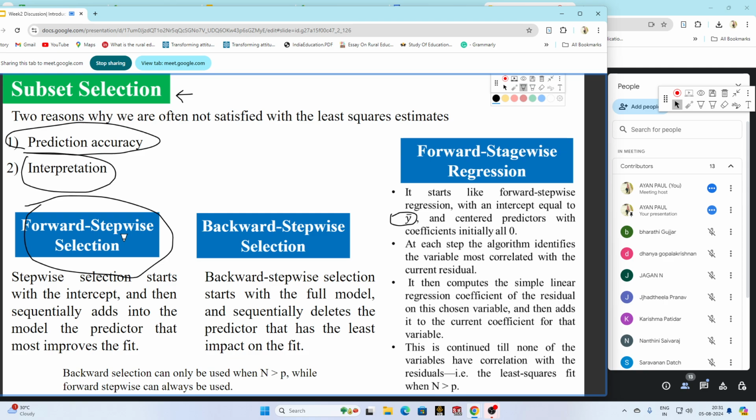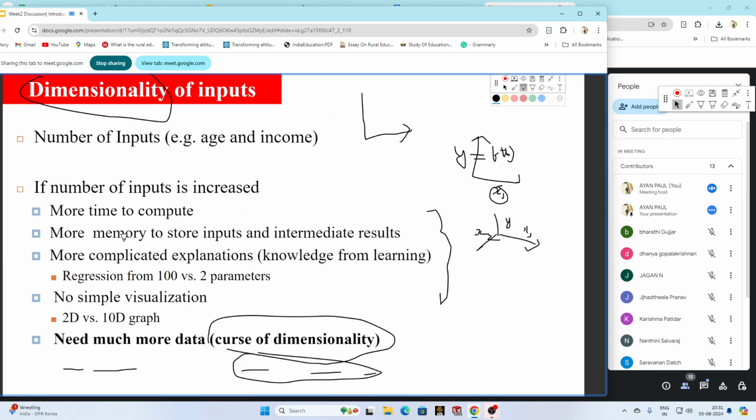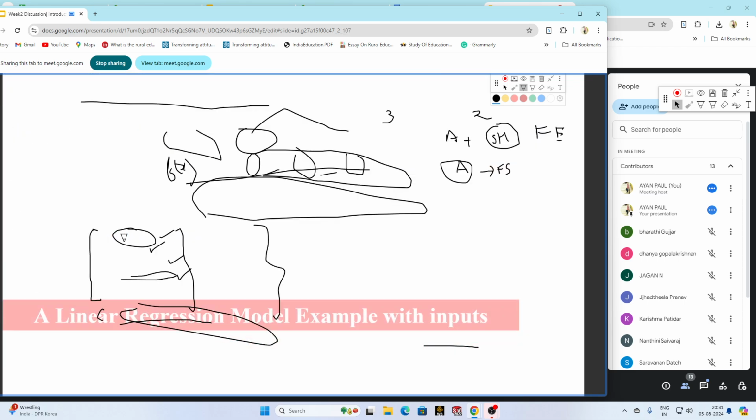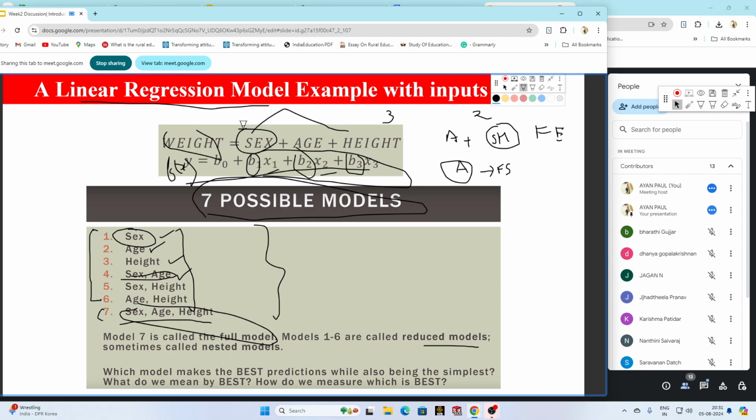In forward stepwise selection, we will start with only beta naught first.